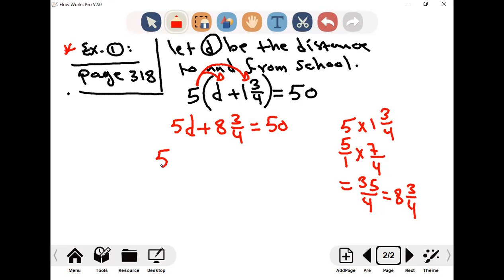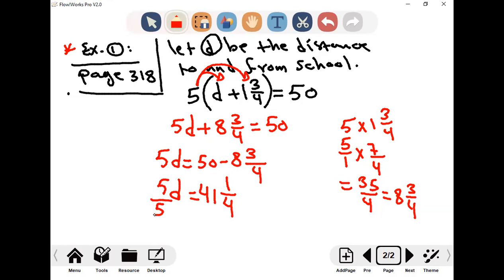So 5D equals 50 minus 8 and 3/4. 5D equals 50 minus 8 and 3 over 4, which is 41 and 1 over 4. Okay? Now what do I need to do to find D, the distance from her house to the school and the school to her house? We divide by 5.